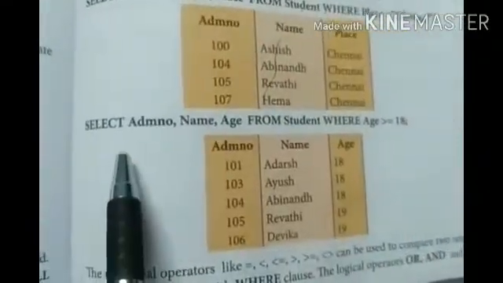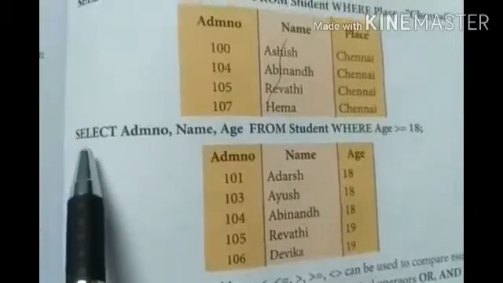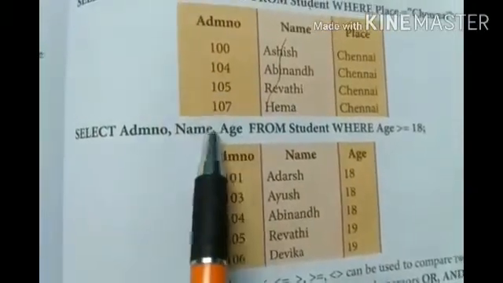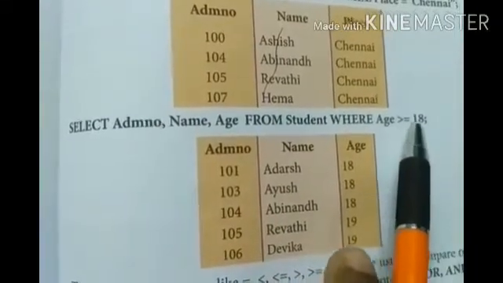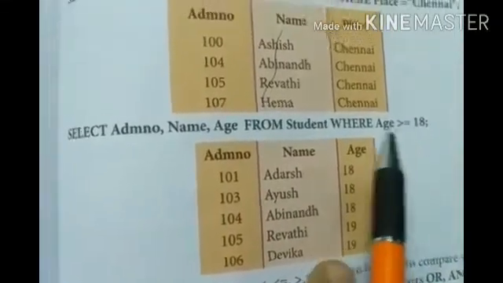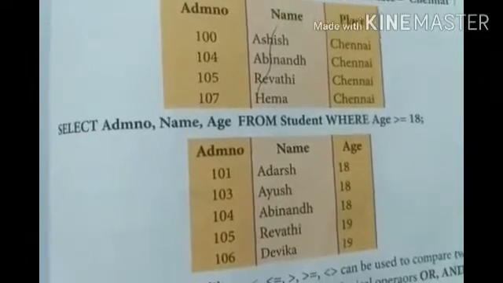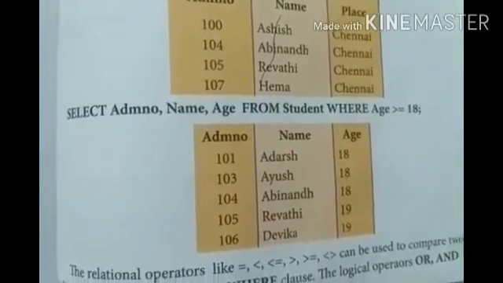Next, see this query. What have they given? SELECT admission number, name, age FROM student table WHERE age is greater than or equal to 18. So we have to refer to the student table.